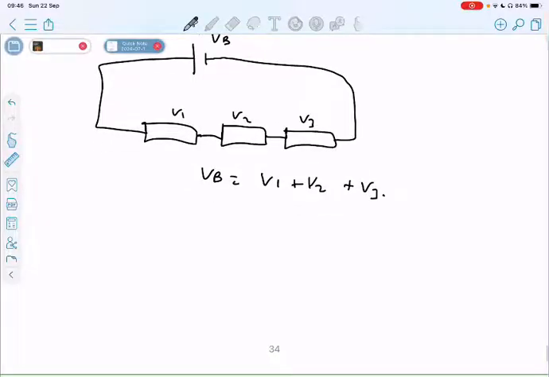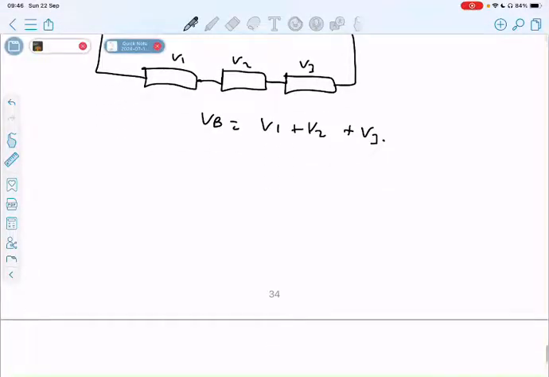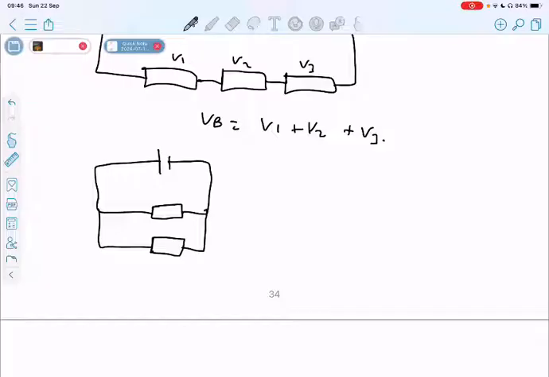But in a parallel circuit, however, the PD is shared across. In a parallel circuit, there are many loops that form. Let me just draw that here for you. So this is a parallel circuit, and as we can see, there are many loops. Let me demonstrate what the loops mean.